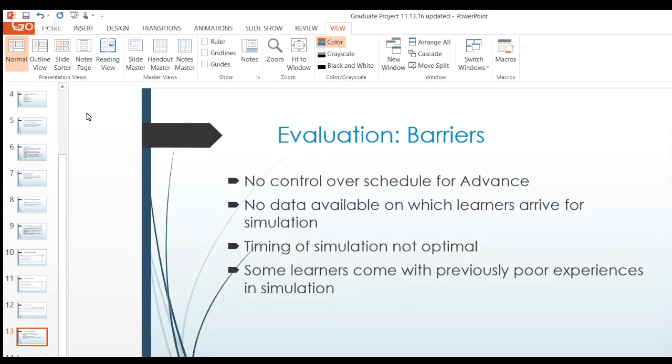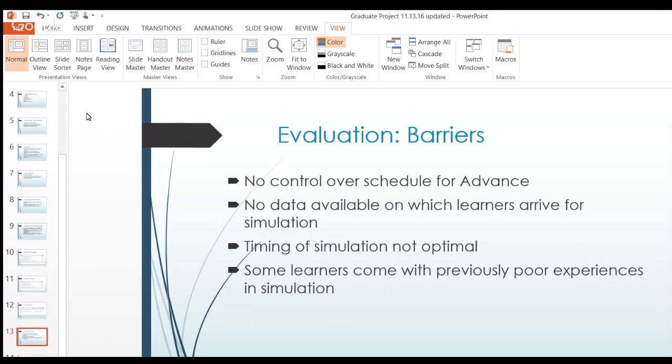Just to touch on that, there were a couple barriers in the process. We do not have control within the simulation center over the advanced schedule. We don't always receive information on which learners are arriving to this session for simulation.